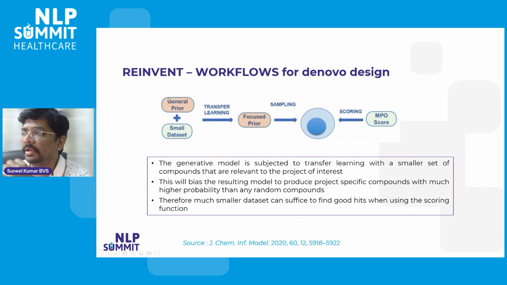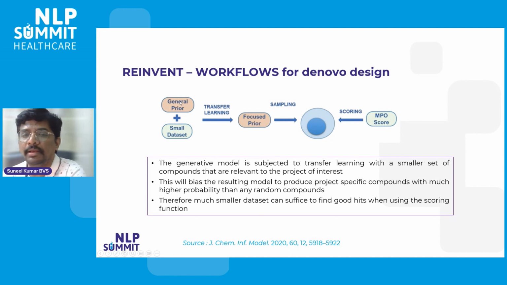The general prior is nothing but the latent space, or known biological chemical space, which we call ChEMBL. The small data set is the target of interest: molecules that are biologically tested against a target of our interest.